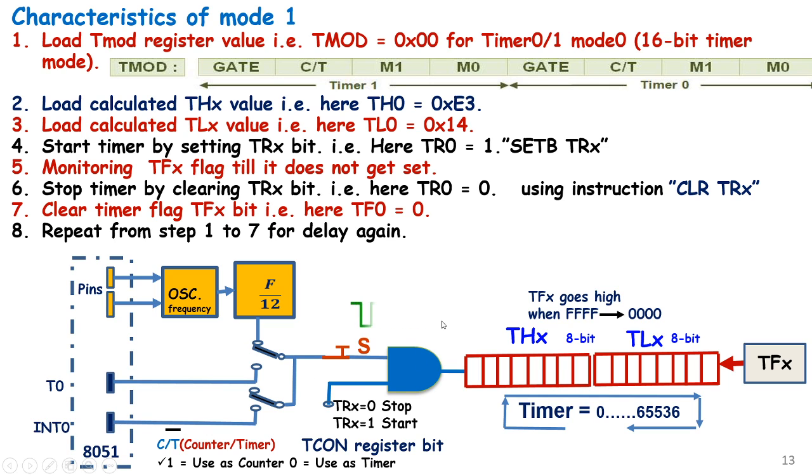When pulses are given to the counter, it starts counting from 0 to 65,536 pulses, and when it reaches the maximum value, that is FFFFH, and rolls over to 0000H, then this flag gets set. When it is set, then the counter or timer stops the counting or delay generation. So this is mode 1.